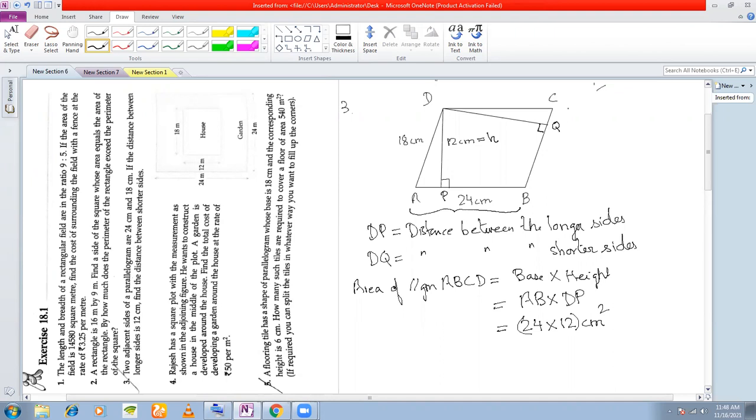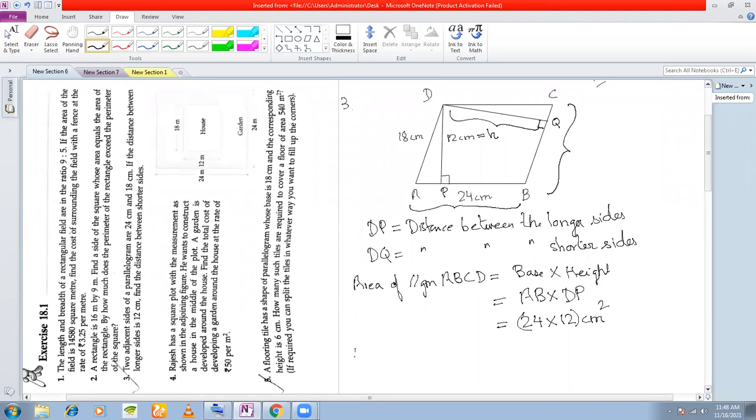Now, if I consider BC as the base, then this becomes my height, right? So what should be the area of parallelogram ABCD? It is equal to base into height, which is equal to, now base I'm considering as BC and height I'm considering as DQ, right?